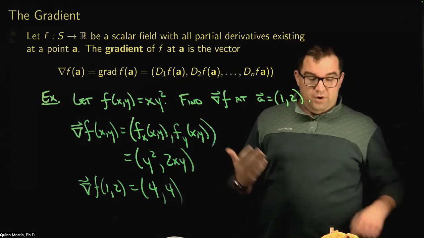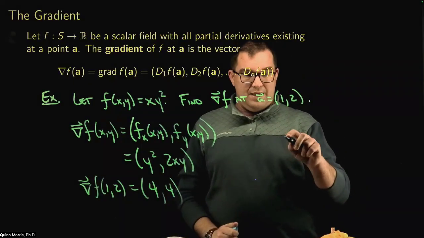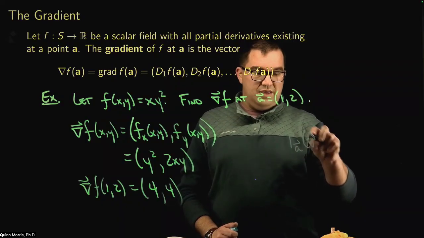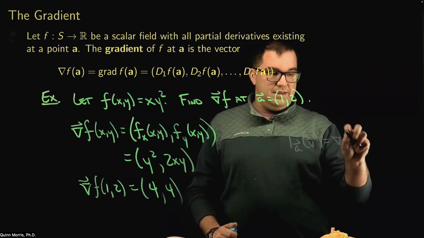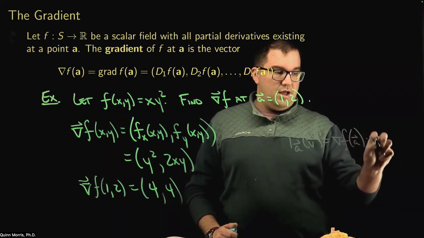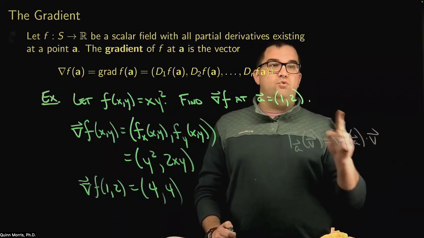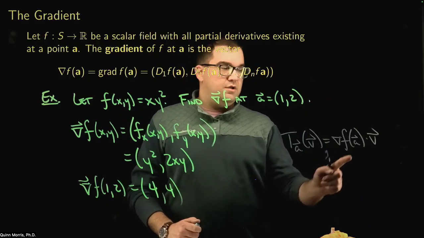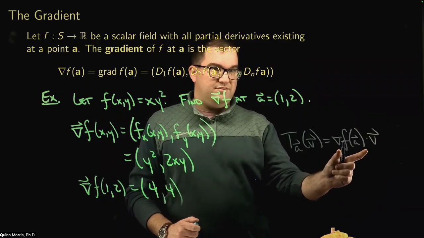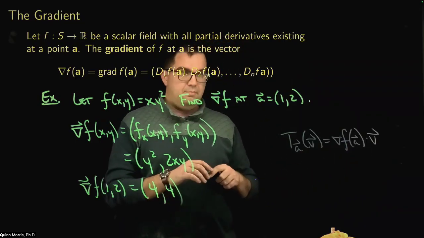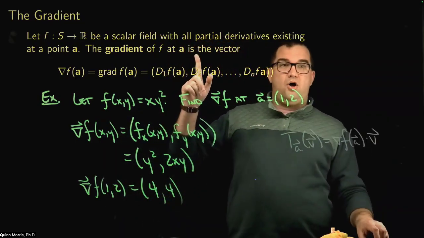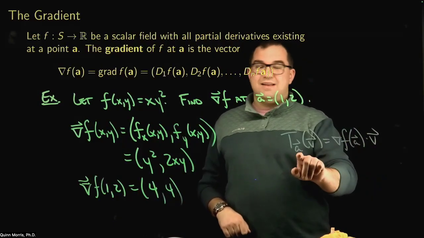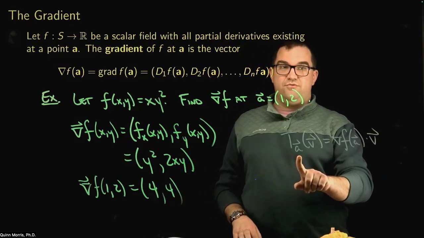So that equation from before, where T sub a of v is equal to the gradient of f at a dotted with v, only works if you already know your function is differentiable. If you're already differentiable, then you know that all of your partial derivatives exist, so the gradient exists. But if you know that all of your partial derivatives exist, then your gradient will exist, but that does not necessarily mean that your function is differentiable.